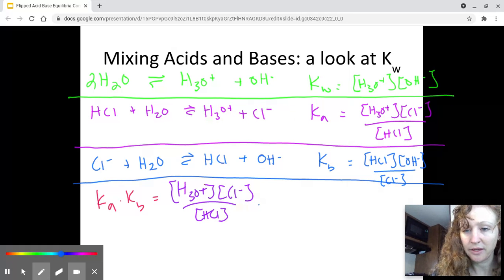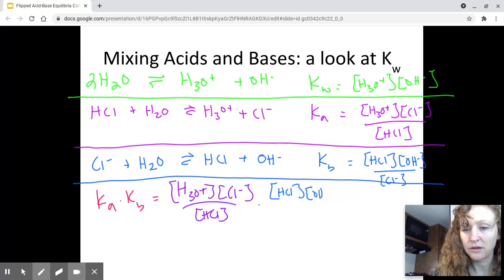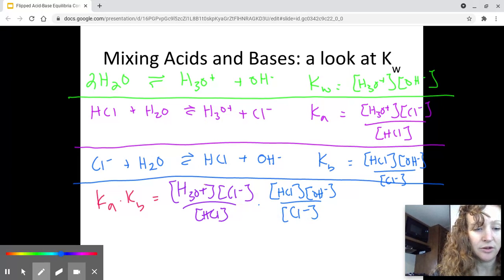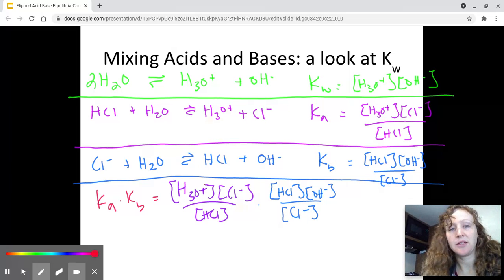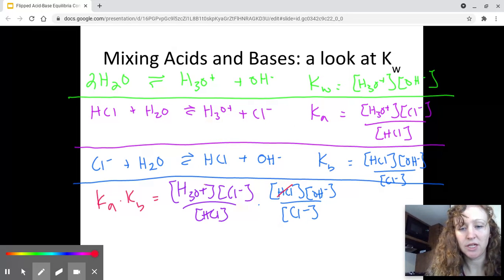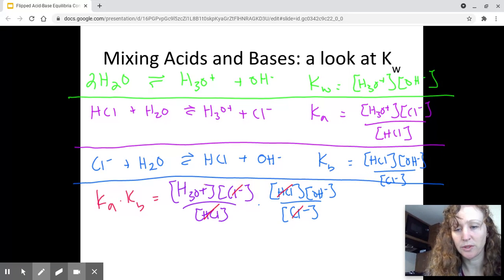Now I'm going to rewrite Kb. Okay, now I'm going to take a look and reduce out anything that appears in the top and the bottom. So HCl over HCl is going to reduce to 1. Cl- over Cl- will reduce to 1. And what I'm left with is that.